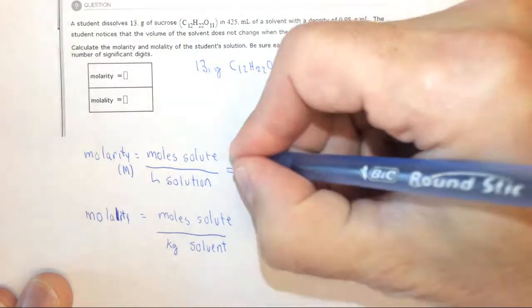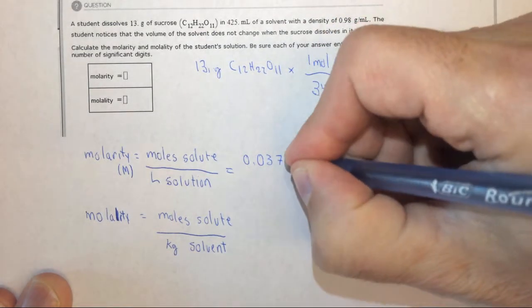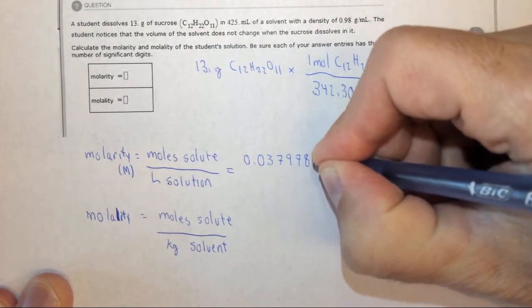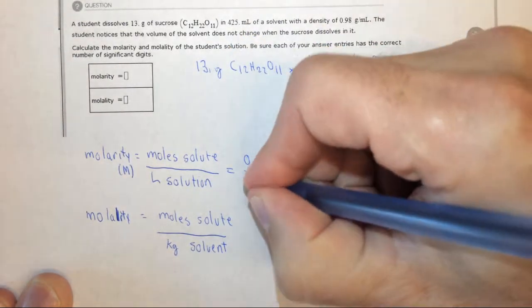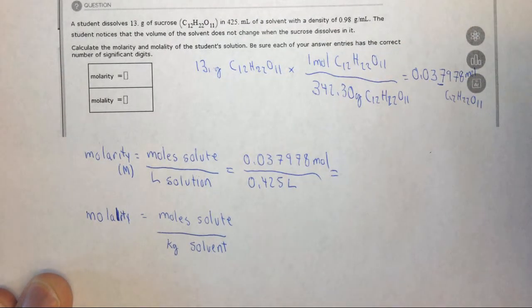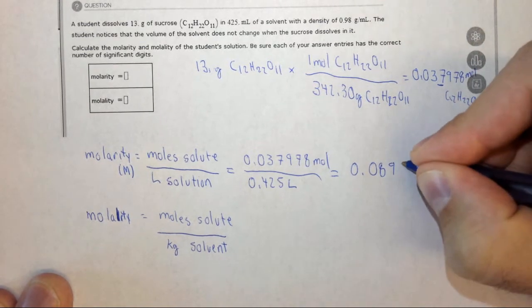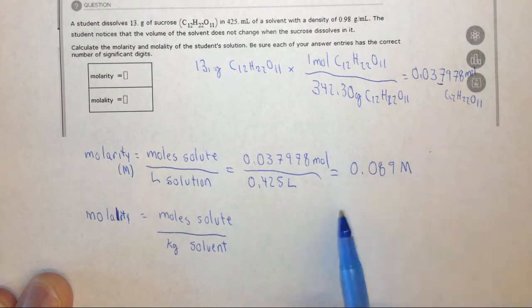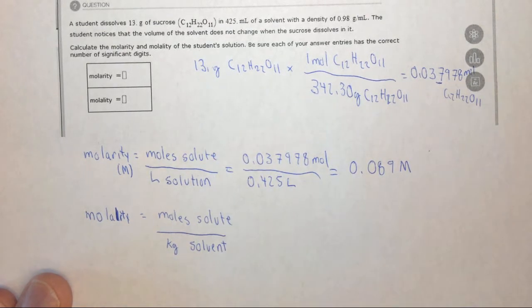So we take the moles, 0.037978 moles, divided by the volume in liters, so divide by 1,000, 0.425 liters. And when you do that math, you get 0.089 molar, big M, to two sig figs. Remember that the moles was actually two significant figures because it came from the grams, which was two significant figures.